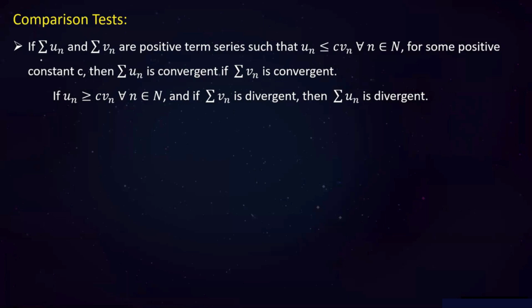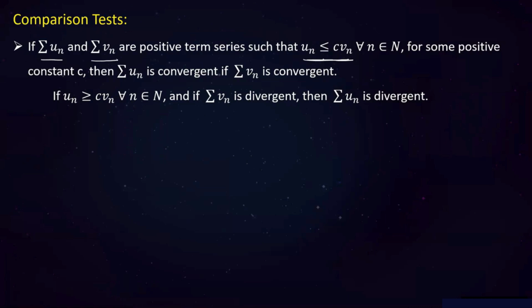When you are given two series, let us say summation un and summation vn, you can understand these two are again positive term series only. When you are given two positive term series like this, summation un and summation vn, and if these two follow this particular condition, un is less than or equals to c into vn, right? Understand, one series is completely lesser than some constant times the other one. For each n, un is completely less than or equal to c times vn.